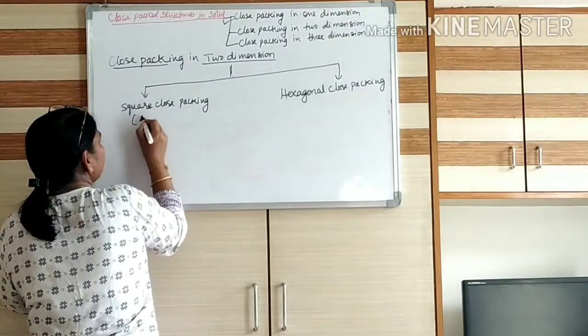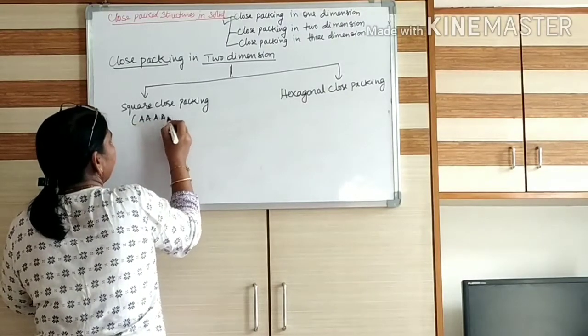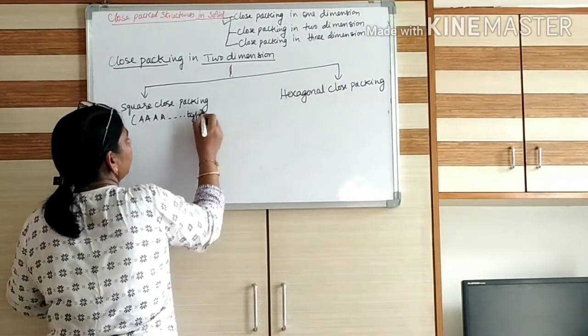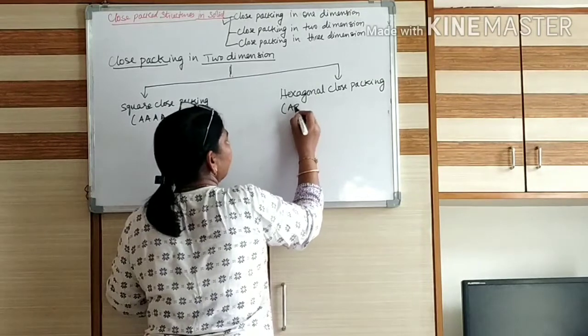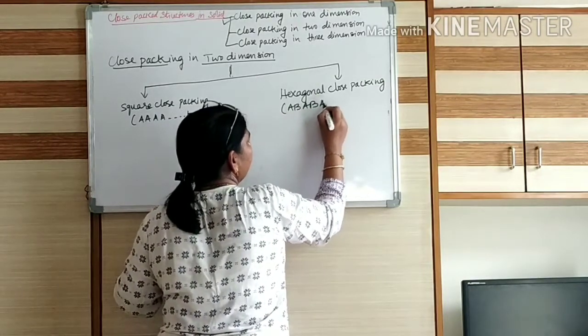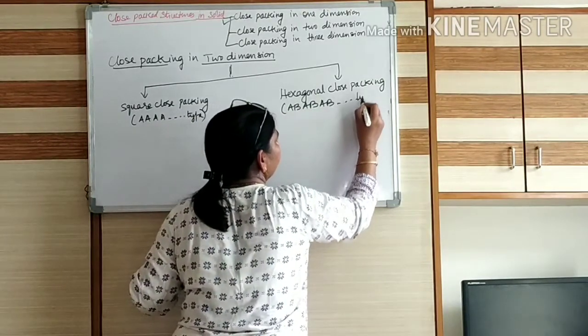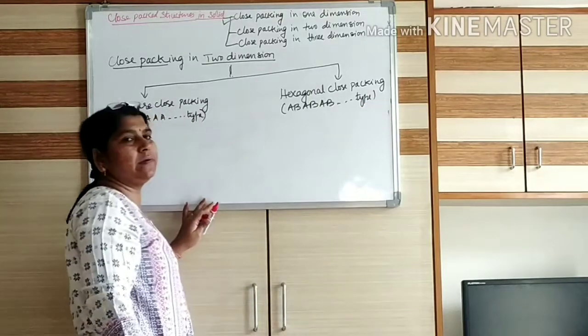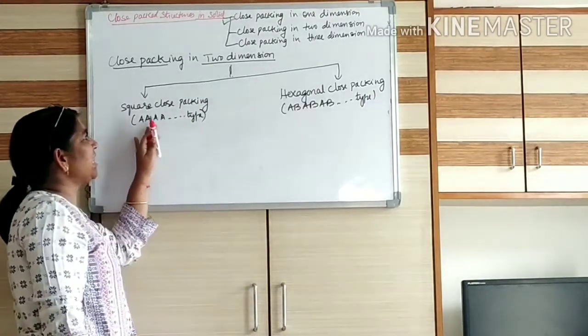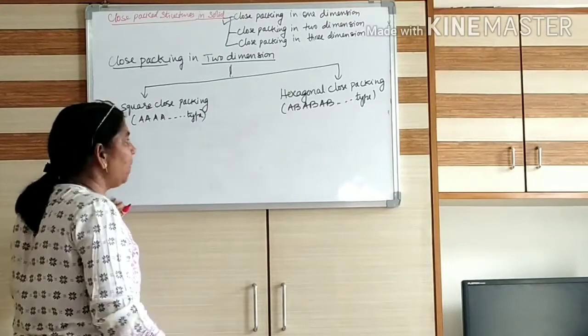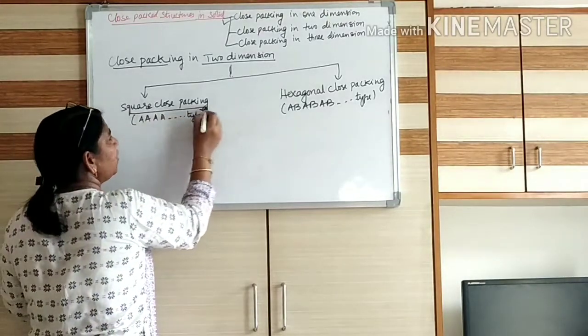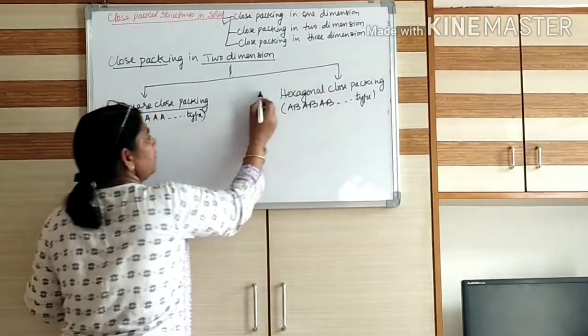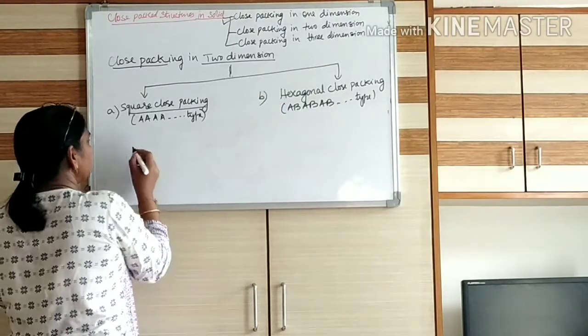Square close packing is also called AA type. This is called AB type packing. How the particles are arranged in close packing? Suppose in square close packing you will see the atoms are arranged. Have a look.